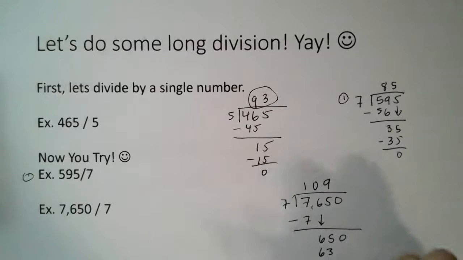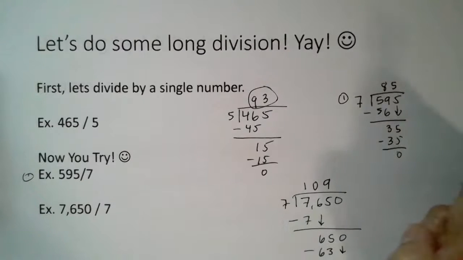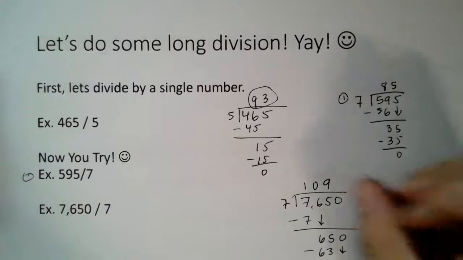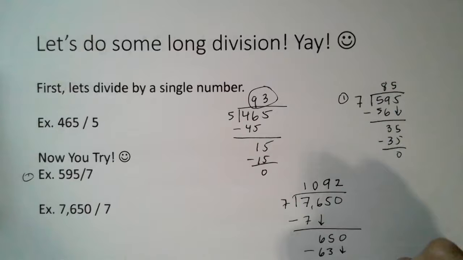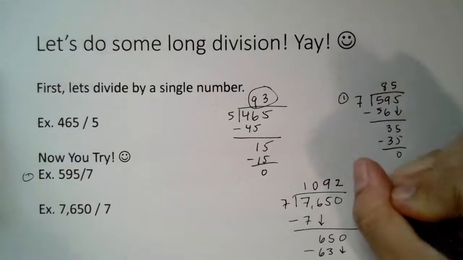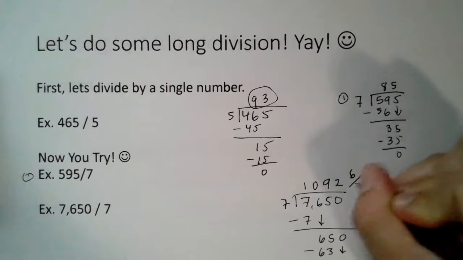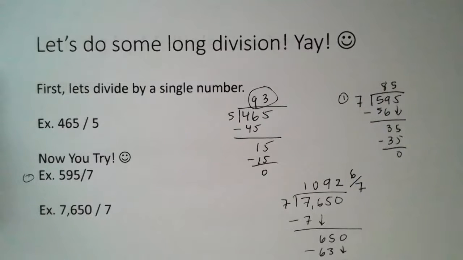We know that. So subtracting, we get 2, bring down the 0. 7 goes into 20 2 times, right? So then that becomes 14. And we have 6 left over, so that just becomes 6 over 7. Okay? So that's one way. So 1,092 and 6/7.